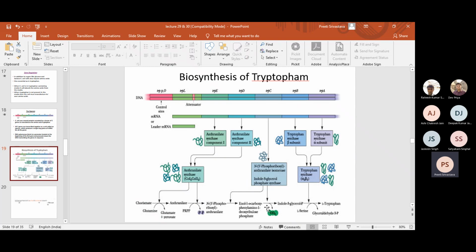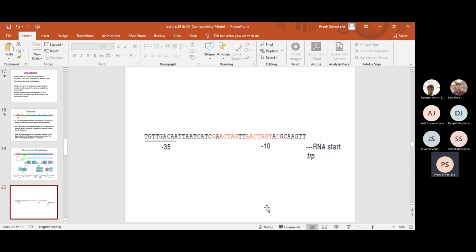What is a leader mRNA? You will realize the importance of this in a second. And this is the promoter, the -10 and the -35. I have underlined these just to show you how conserved these are. So at -35 you can see TTGACA, and at -10 you see that it has a few changes.